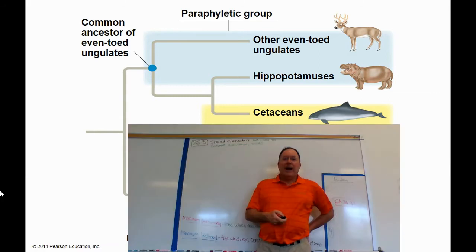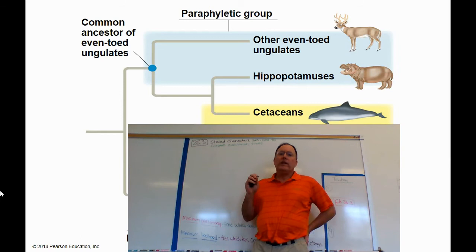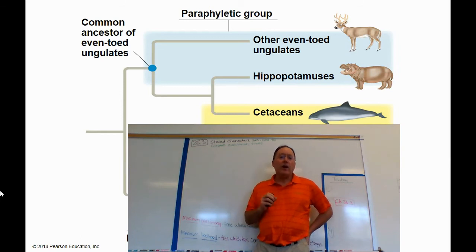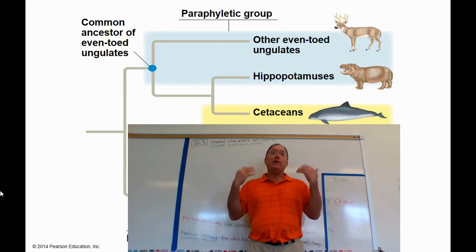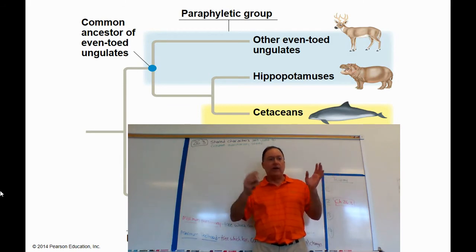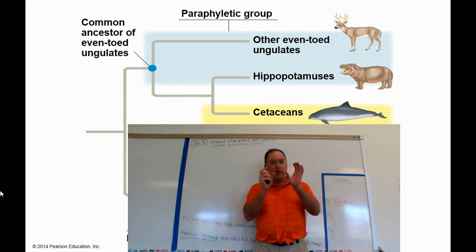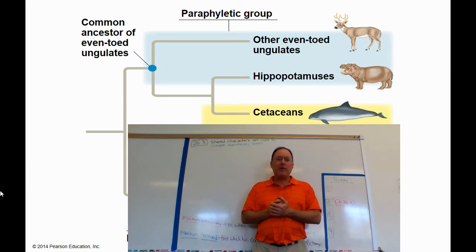Up there we have a paraphyletic group. If you wanted to say, look at the common ancestor of even-toed ungulates, even 2 or 4 toed, and then ungulates are these things that I always think of as like an elk or a deer, something that's out in nature. I forgot what the term ungulate means, but it has something to do with the toes.